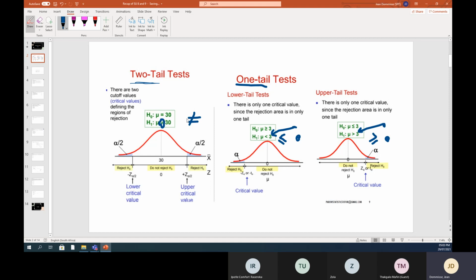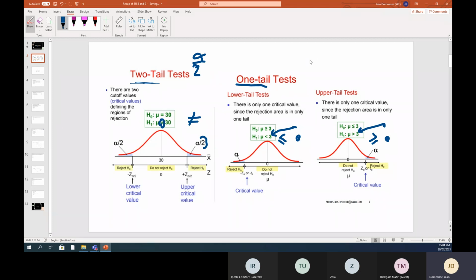So then the question is always, okay, if I need to look at my alpha for a two tail, you will divide it by 2. Just remember, two tail, you divide by 2.